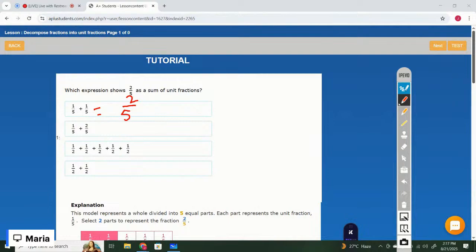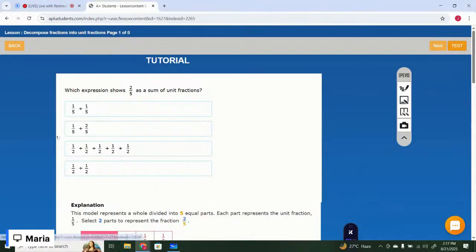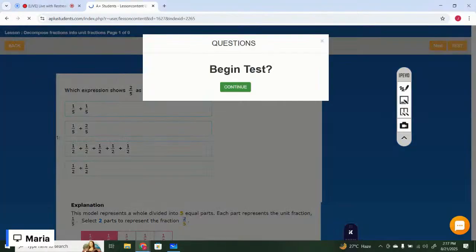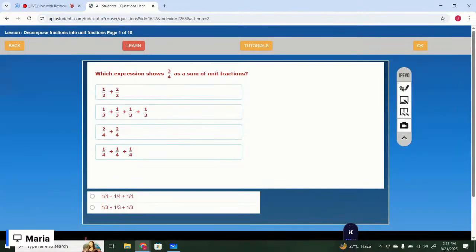Let's just start with the test questions. Which expression shows a sum of unit fractions? A unit fraction means a fraction that has the numerator 1, right?